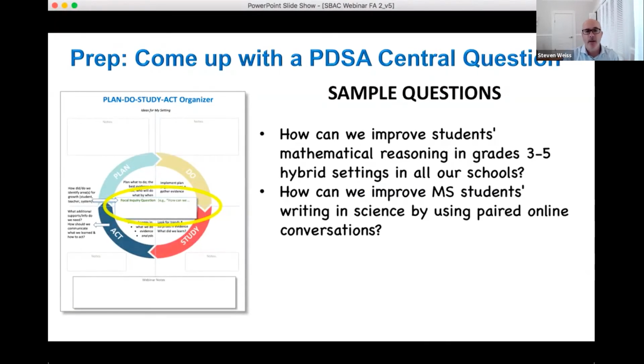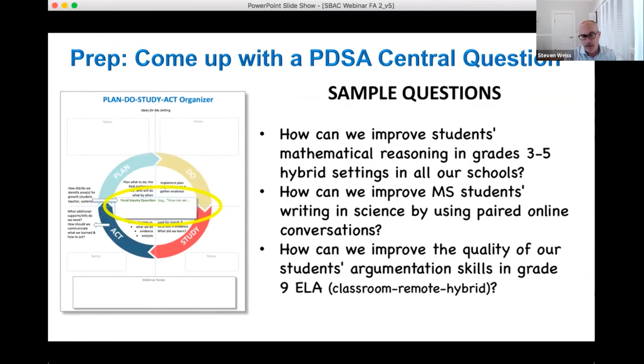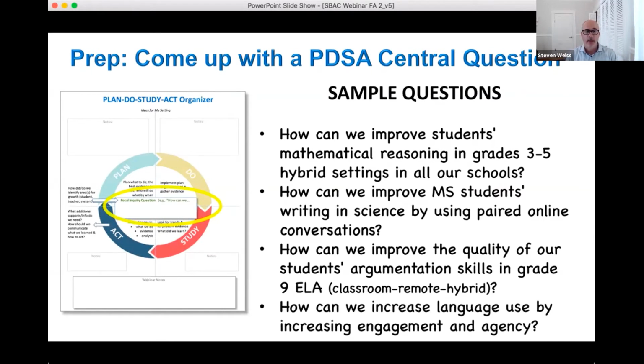So thinking about improving students' mathematical reasoning, but in a slice in grades 3 through 5, or improving students' writing in science in middle school using online conversation, or the quality of students' argumentation skills in grade 9 English language arts, whether it's classroom or remote or hybrid setting.